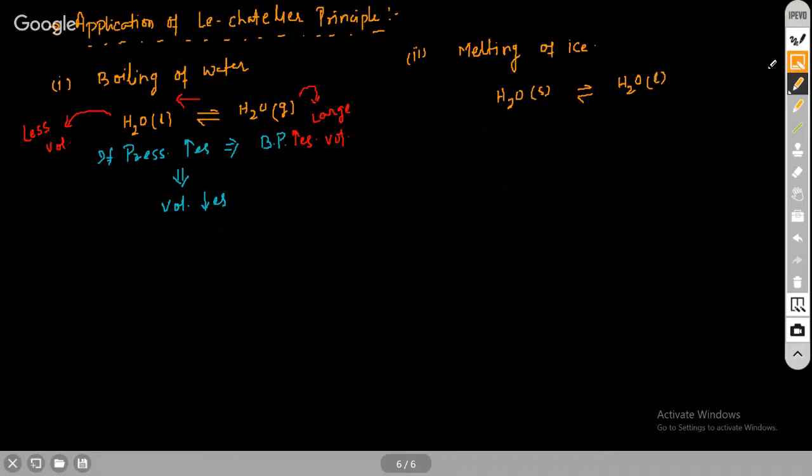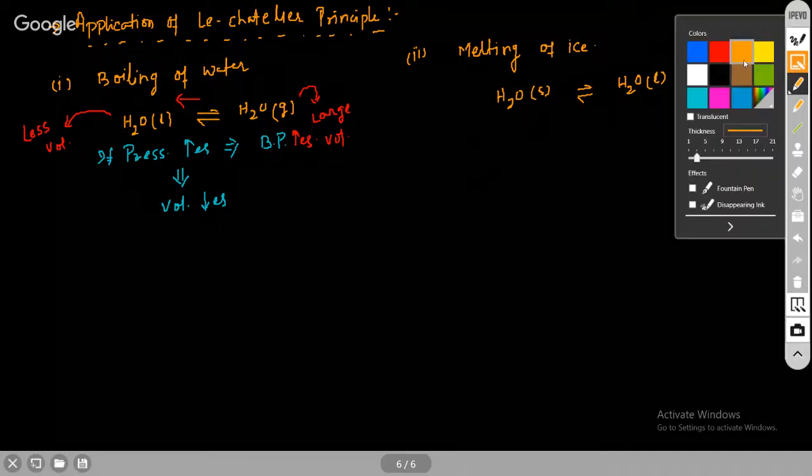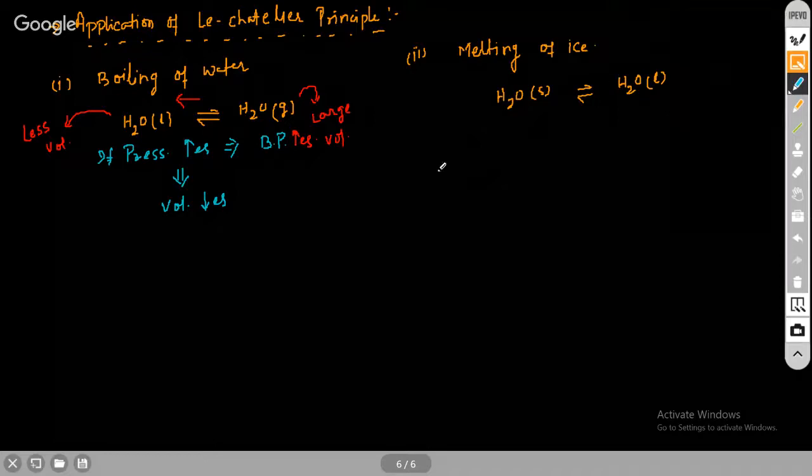In which direction does the reaction go as pressure increases, forward direction or backward direction?